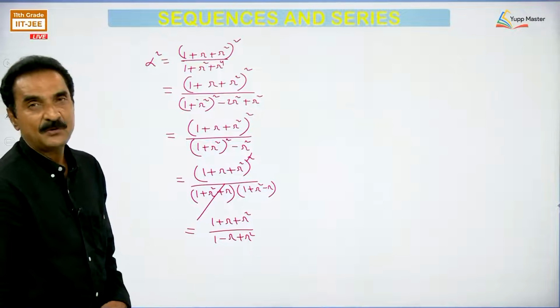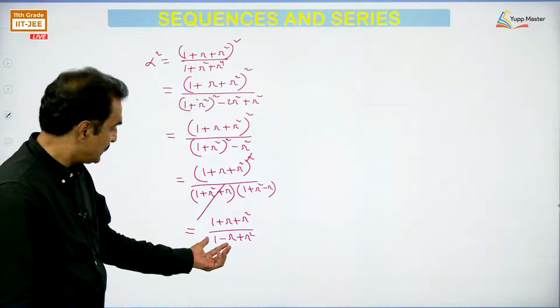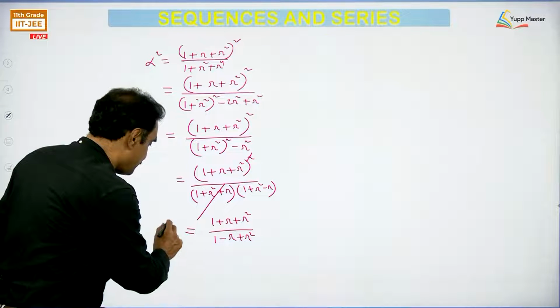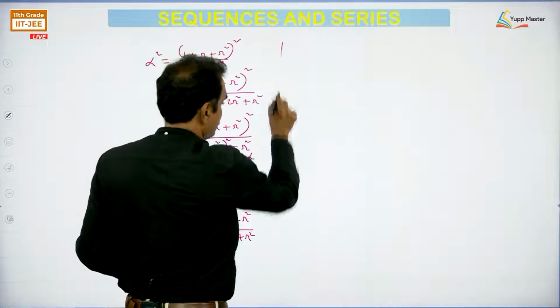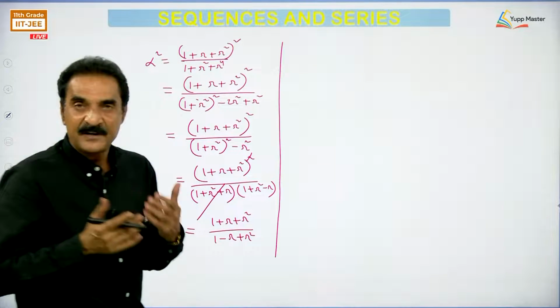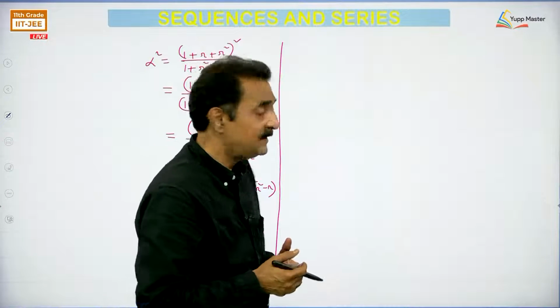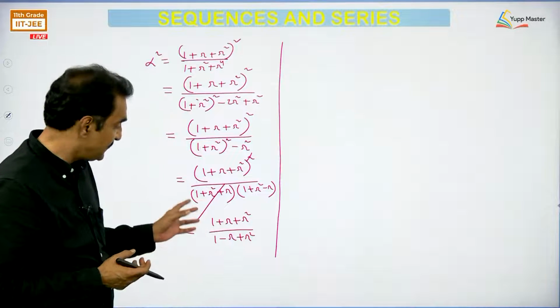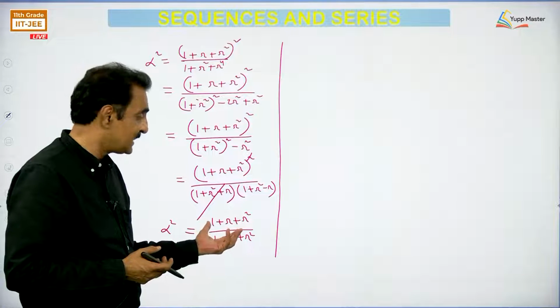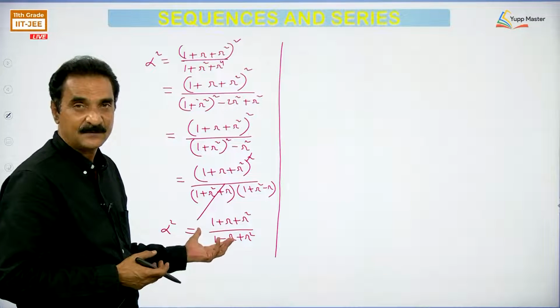How to find the range now? This is alpha square, cross multiplying by denominator. If you have attended equations, you might have observed the method of finding the interval of alpha square for this kind of question.